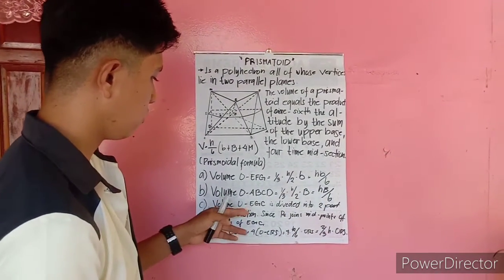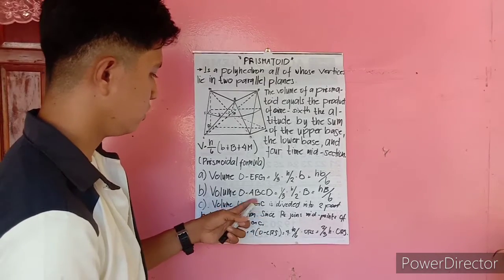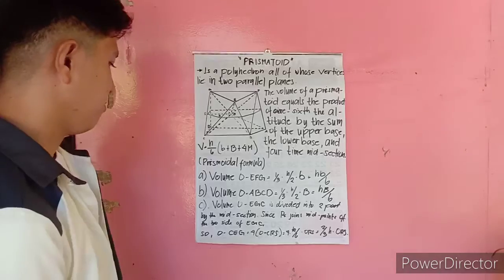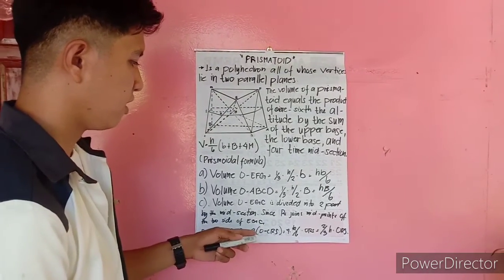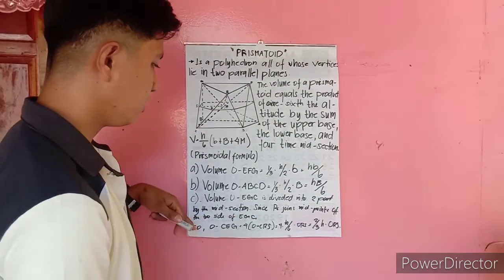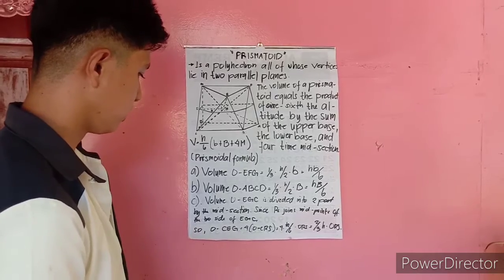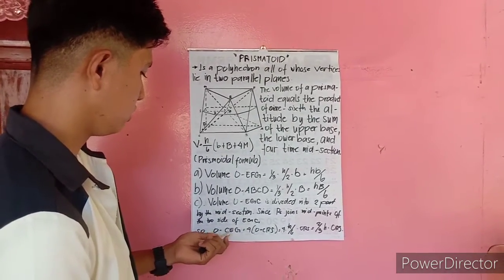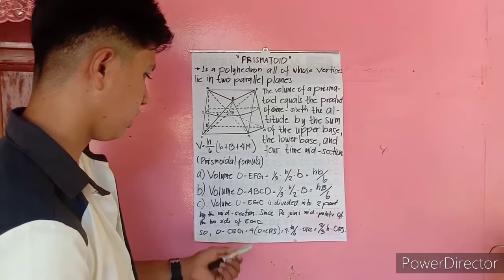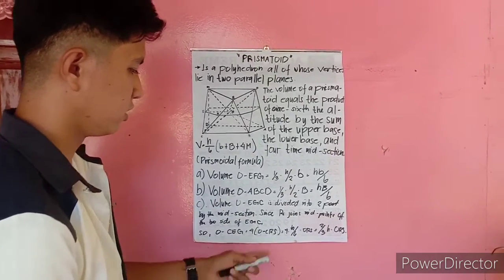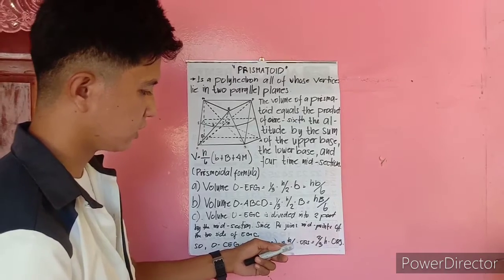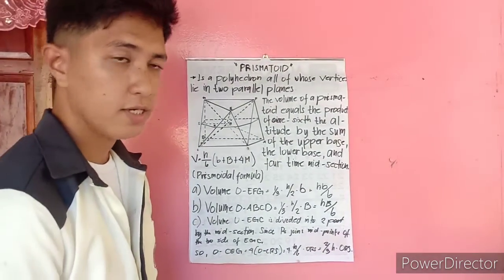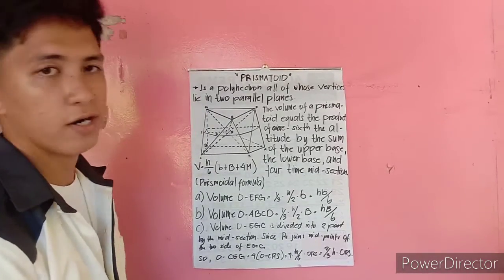The volume of OECG is divided into two parts by the midsection. Since RS joins the midpoints of the two sides of EGC, OCEG equals 4 times OCRS, equals 4 times height over 6 times ORS, equals 2/3 times height times ORS.